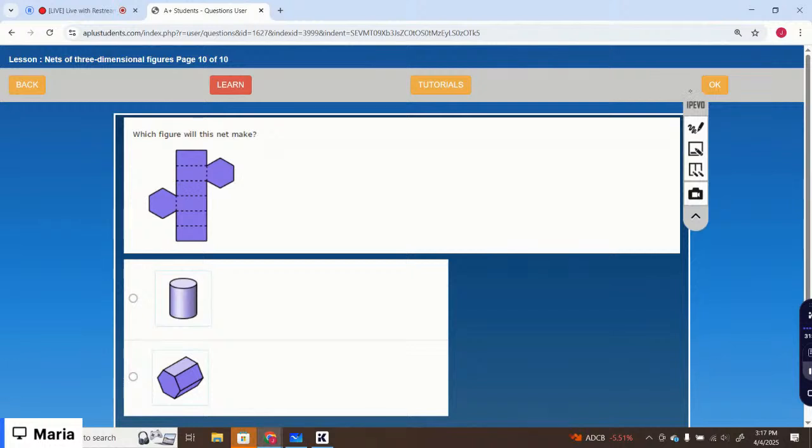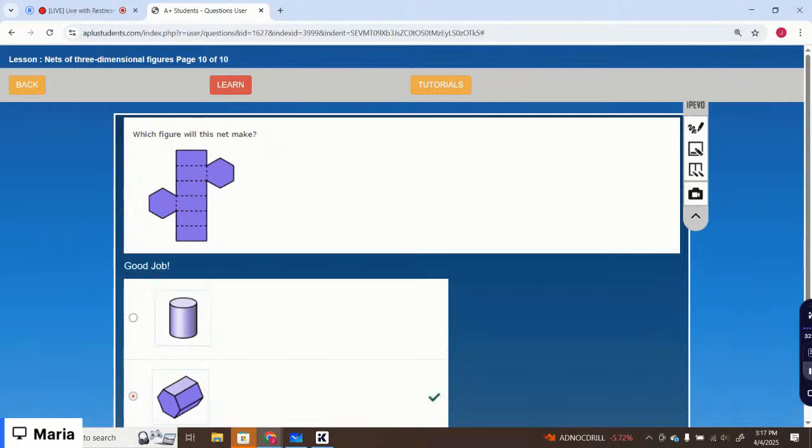Which figure will this net make? Option number two is the correct option. Okay, we are done with the lesson. Let's move on to the next lesson.